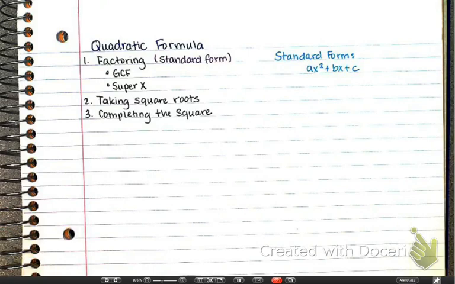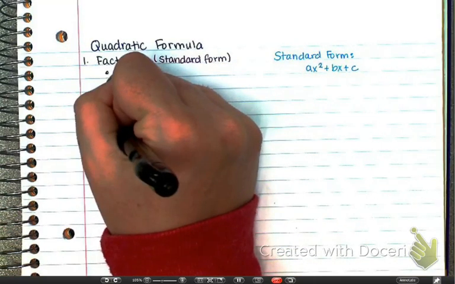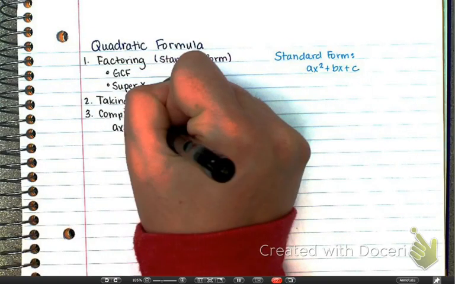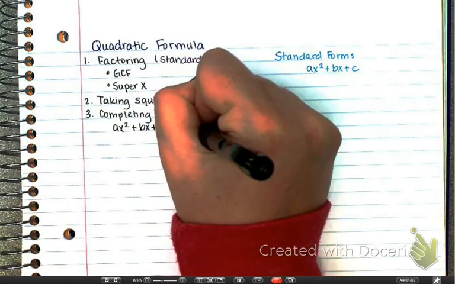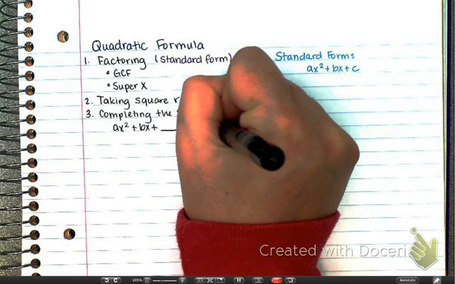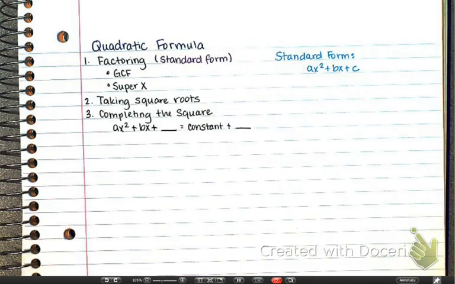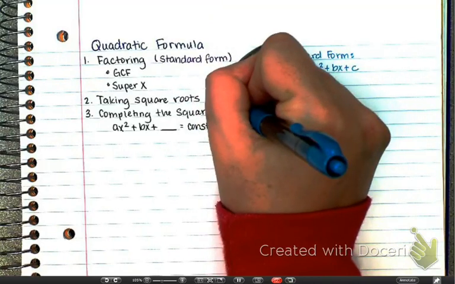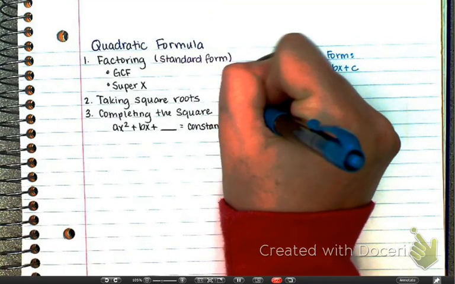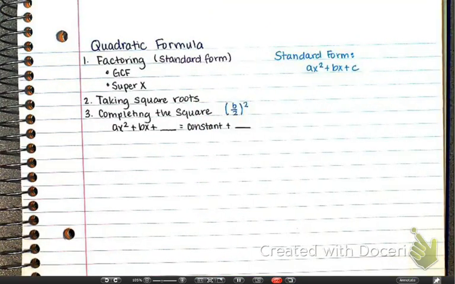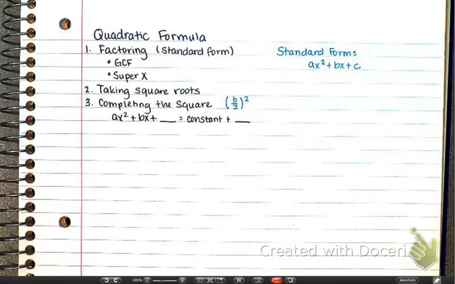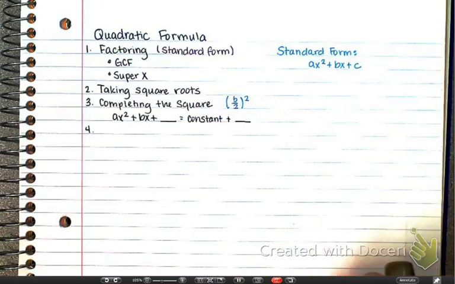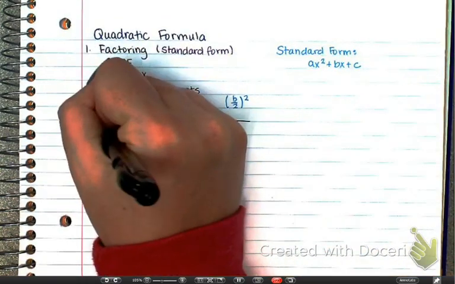And remember, the form that we kind of had to write that in was ax squared plus bx plus something, and then we had our constant plus something, and this is where we used b divided by 2 squared to fill in those blanks. Okay. Our fourth and final way to solve a quadratic equation is the quadratic formula.